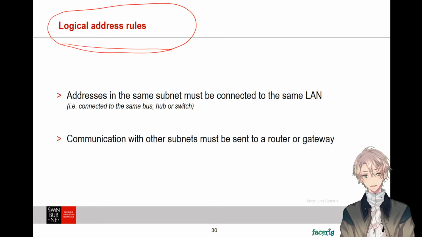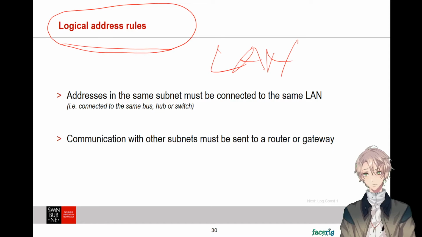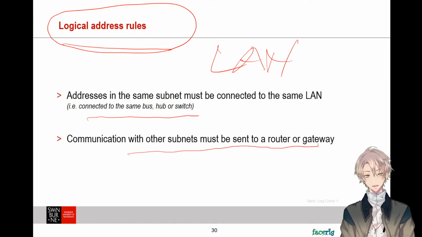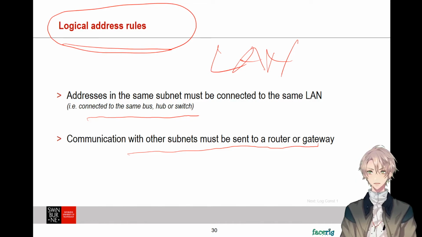Okay, if you want to communicate in a local area network, the addresses must be in the same subnet, which can be connected by using bus, hub, or switch. While to communicate with other subnet, you must use a router or gateway, the default gateway. Basically, default gateway means that is your default router.